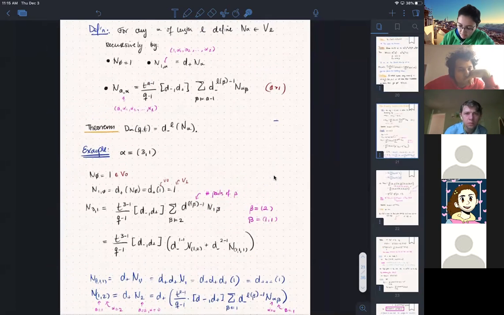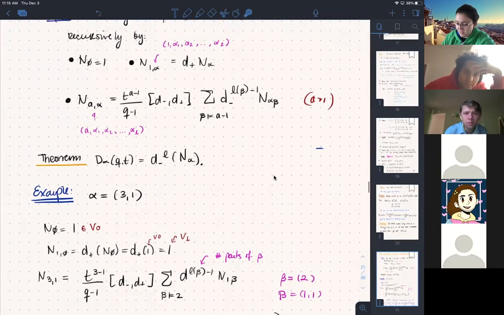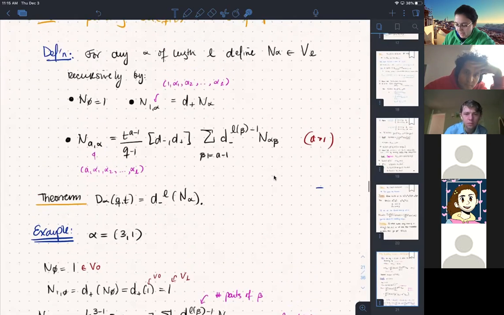And the main theorem that we proved last time was that by acting by these n alphas on these operators, d plus and d minuses, you got the corresponding sum that you wanted: nabla of en, or at least the right-hand side of that equation, this combinatorial expression, using just the operators d pluses and d minuses, and you incorporated the t. So this was the big theorem at the end of the last session.